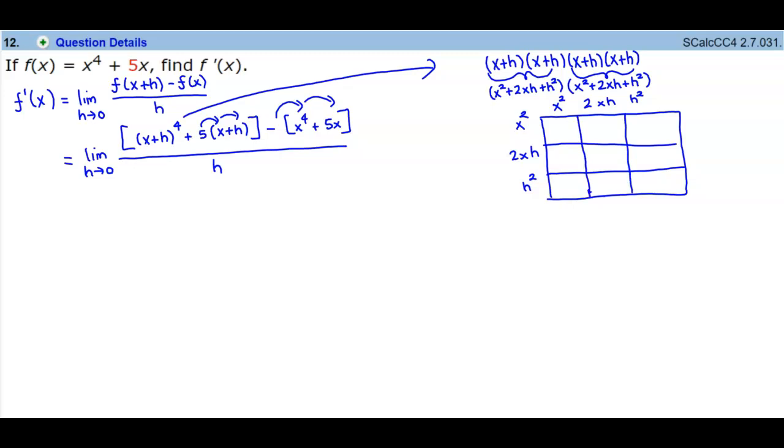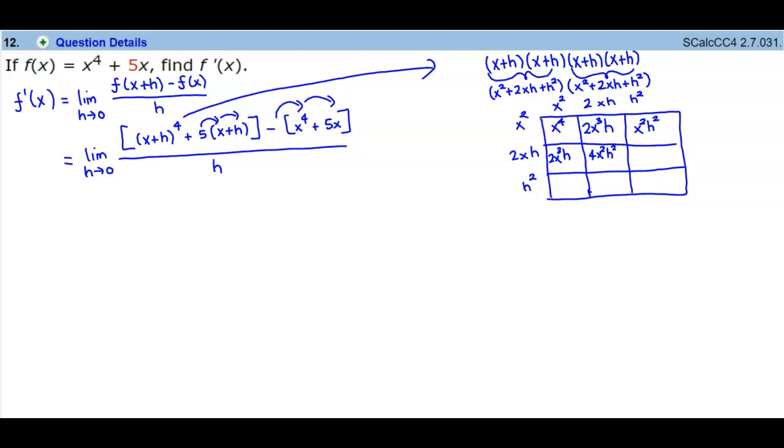The first one, x squared times x squared, is x to the fourth. The next one we get 2x cubed h, and the next one we get x squared h squared. Then we get 2x cubed h, and then 2 times 2, which is 4x squared h squared.